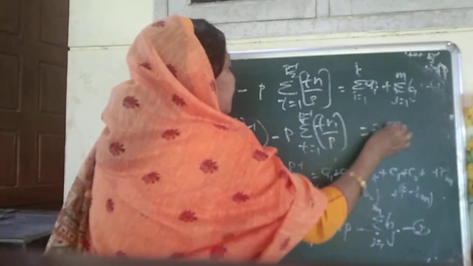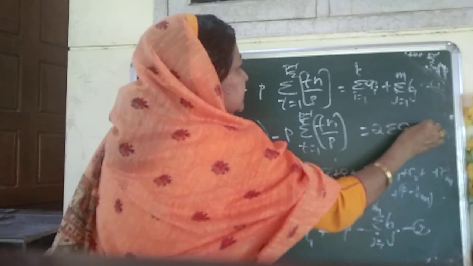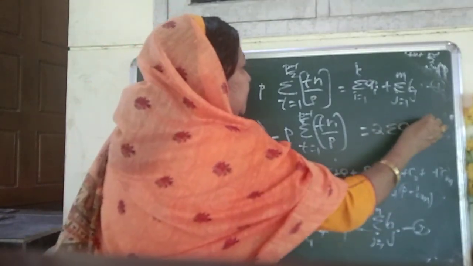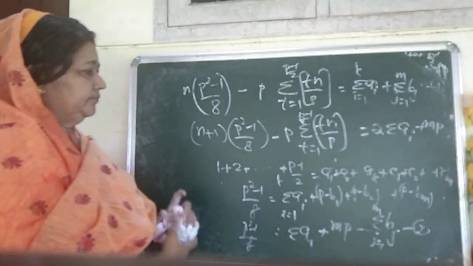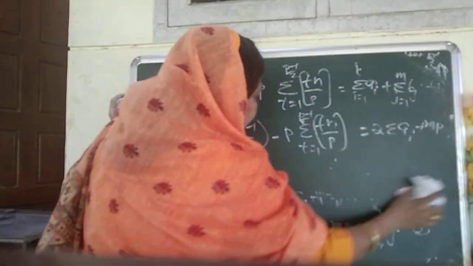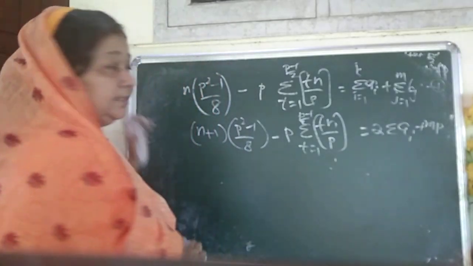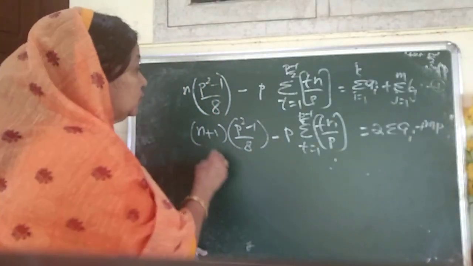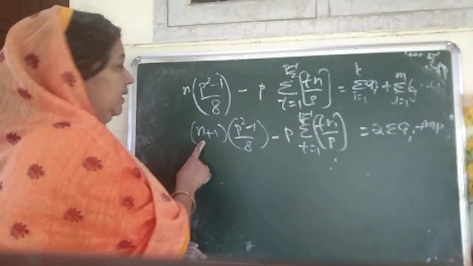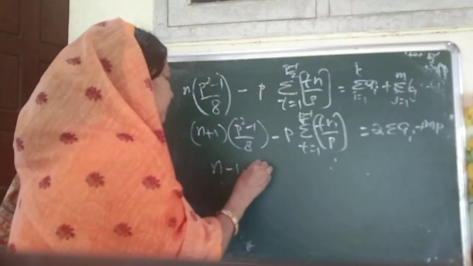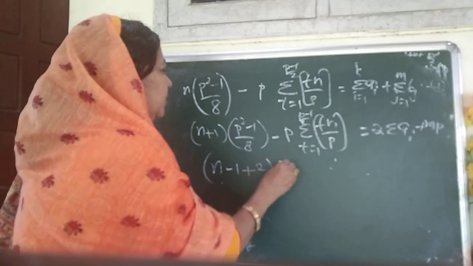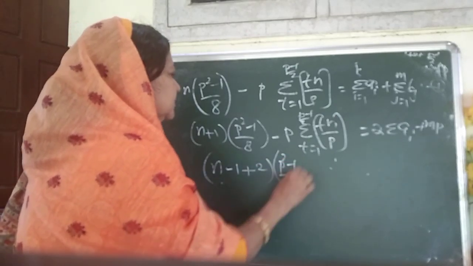It is 2 sigma a_i minus sigma b_j plus sigma b_j cancelled, plus m into p. And considering this n plus 1 as n minus 1 plus 2, into (p square minus 1)/8.